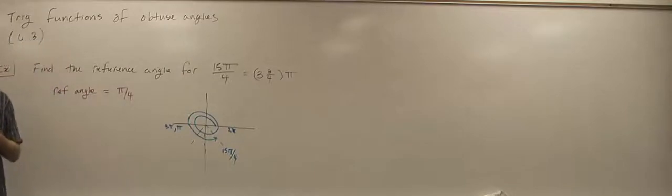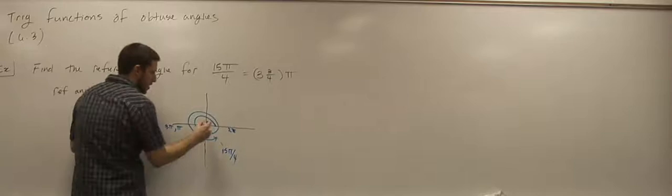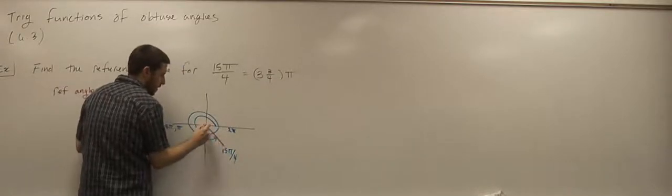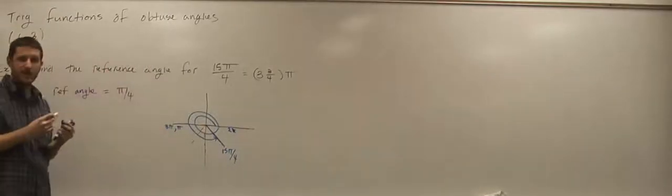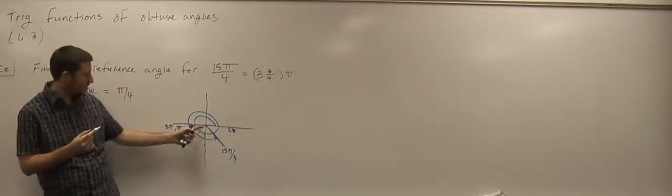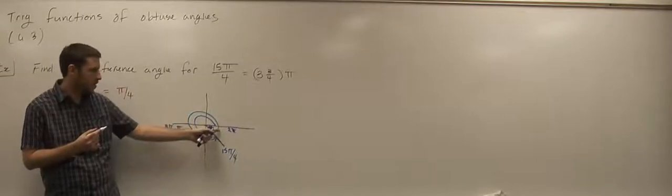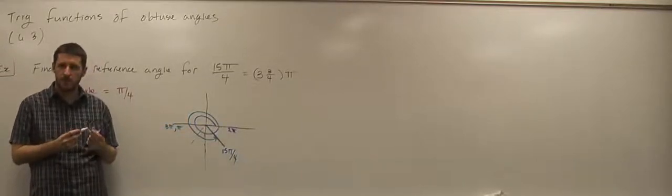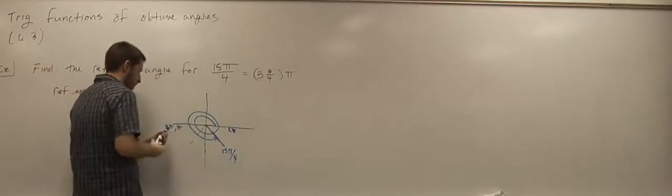And the reference angle is the angle formed by the terminal side of theta and the x-axis. And it has to be a positive acute angle. So you see the x-axis and the terminal side of theta can form 2 angles, this bigger one and this smaller one. The reference angle is always the smaller one. So this right here is your reference angle.